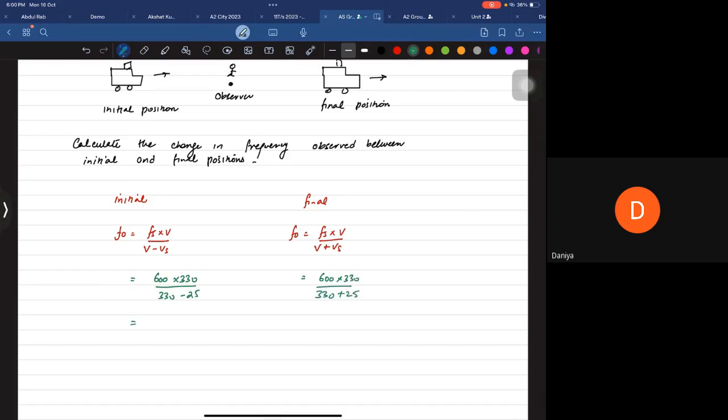You should get about 649 hertz for the first and 558 hertz for the second. When you find the change in frequency, it should give you 91.